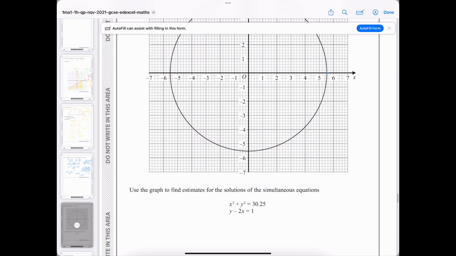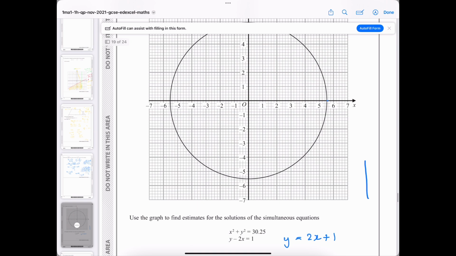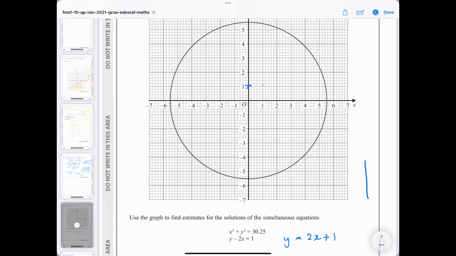Okay, I'm going to just rewrite that as y equals 2x plus 1, i.e. I'm going to add 2x to both sides. Then I'm going to do what I did on a question earlier, and oops-a-daisy, I'm just going to put 1 in here, and then each time it goes up 1, it goes along 1 and up 2, along 1 and up 2. You get the idea.